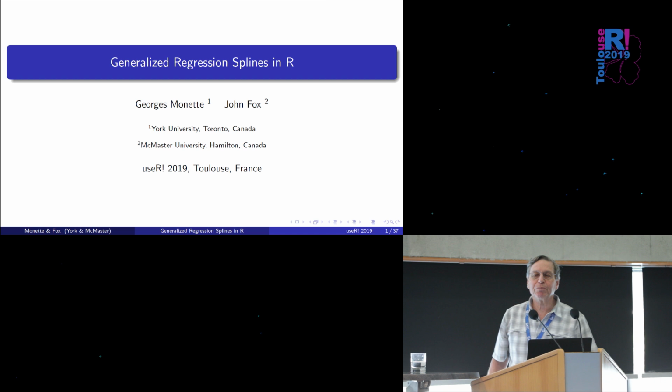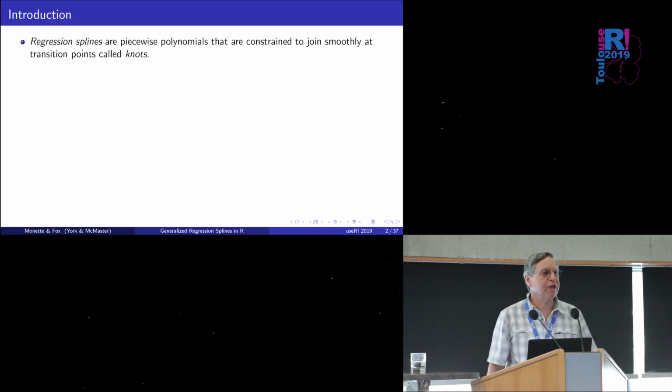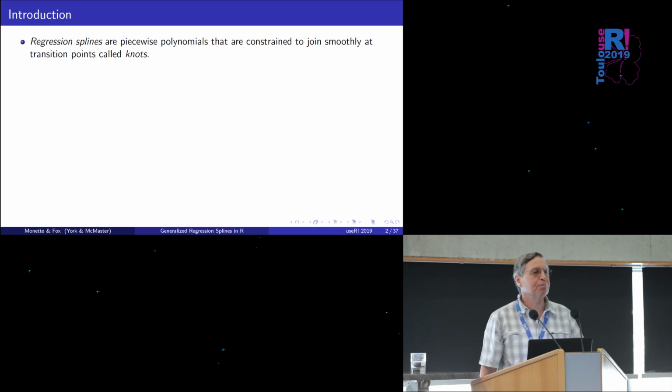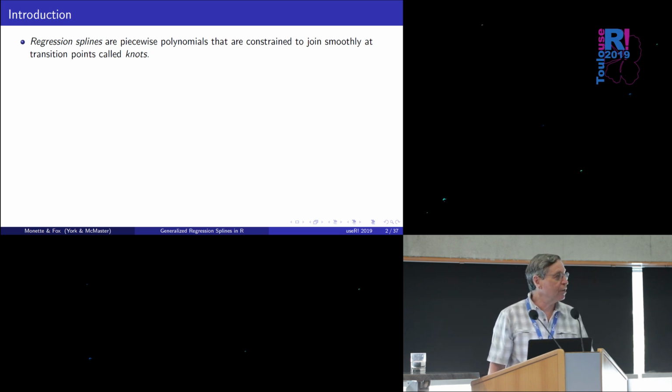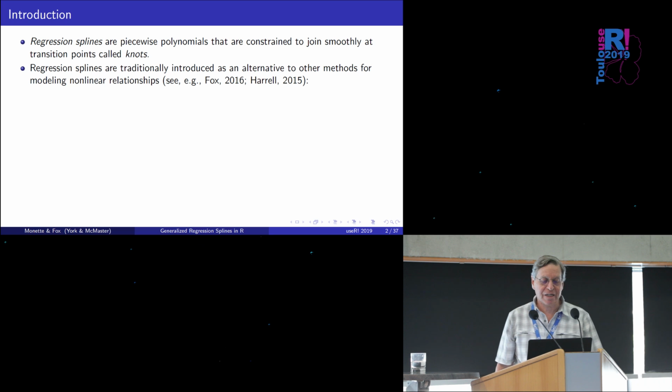Okay, so I'm not sure whether everyone here is familiar with regression splines. So there will be some elementary material here which links up with what George and I have done. But very briefly, regression splines are piecewise polynomials that are constrained to join smoothly at connection points, which are called knots.